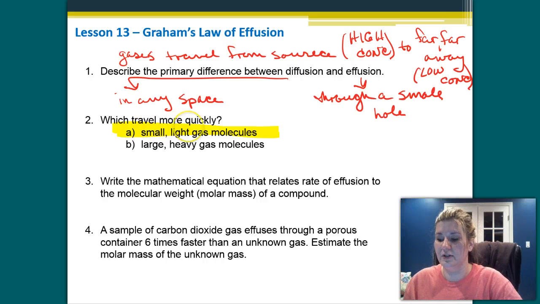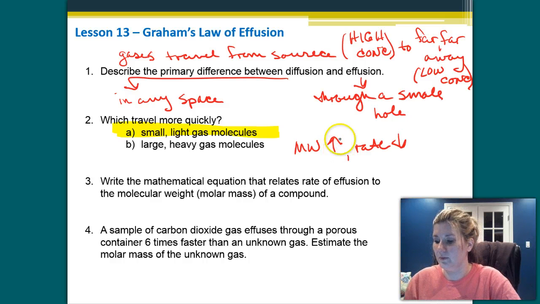So that's the relationship between rate and molecular weight. As molecular weight increases, the rate of effusion or movement decreases. And vice versa, of course. If the molecular weight of a substance is low, then the rate increases.